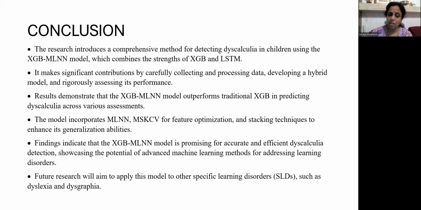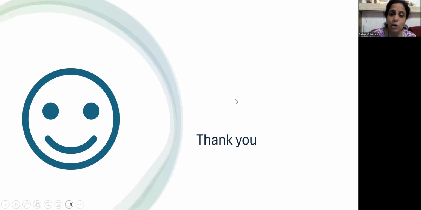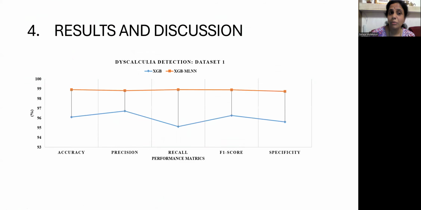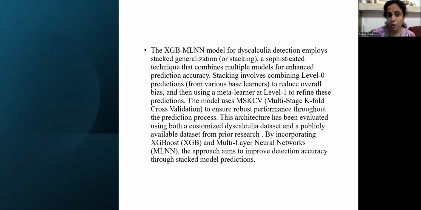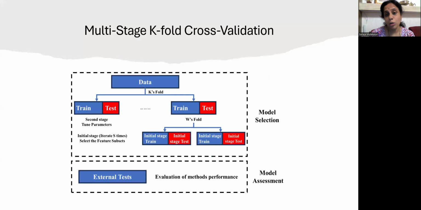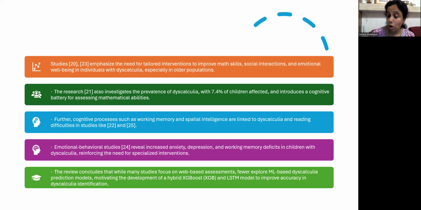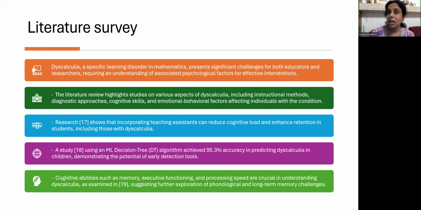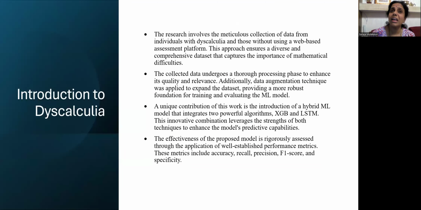Future research will aim to apply this model to other specific learning disorders like dyslexia. So using this particular model, we are able to get a better accuracy and also a better model to scale the performance of detection or identification of dyslexia.